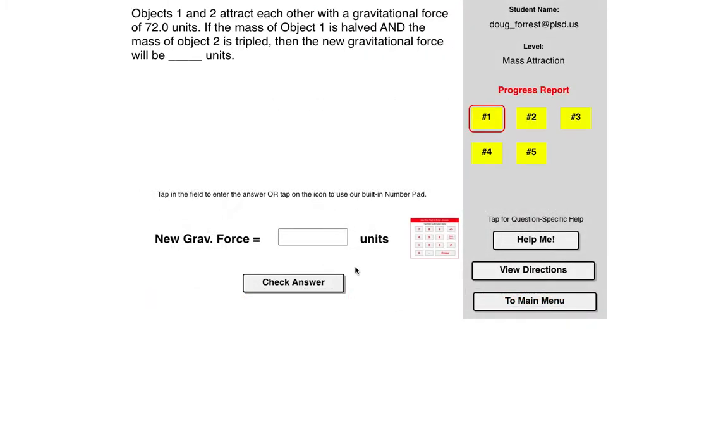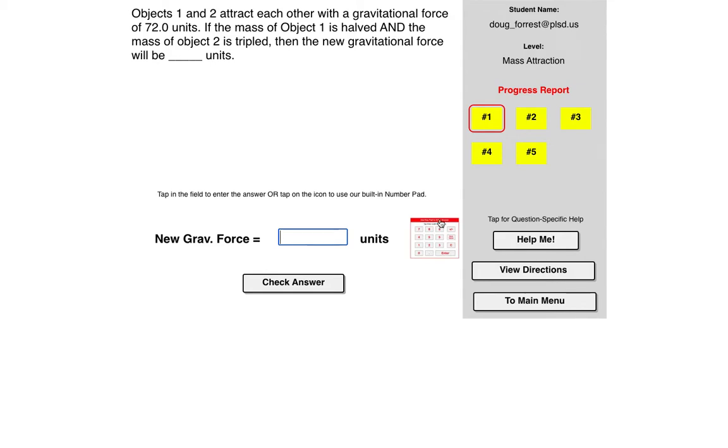So mass attraction here. Objects 1 and 2 attract each other with a gravitational force of 72 units. If mass 1 is halved and mass 2 is tripled, the new gravitational force would be, well, since only mass is changing, we don't need to worry about distance. So it would be 72 times 1/2 times 3, which is really times 1.5. That should be 108 units.